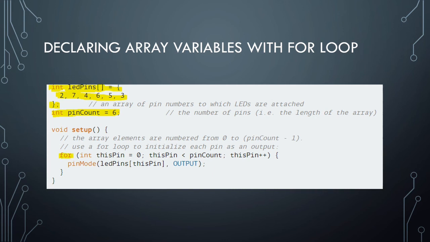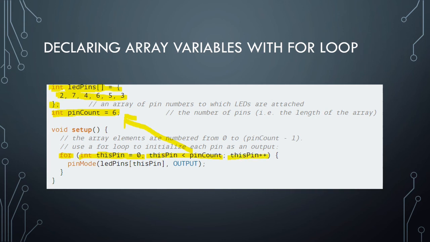So we're saying for the integer, we're starting this pin. That's going to be our variable. So instead of using X or Y to keep it simple, like we've previously used, we're just going to be calling it this pin. It's going to start out being equal to 0, and then we're going to say, here's our condition. If that variable is less than the pin count, which remember is 6, then we go through the code, right?